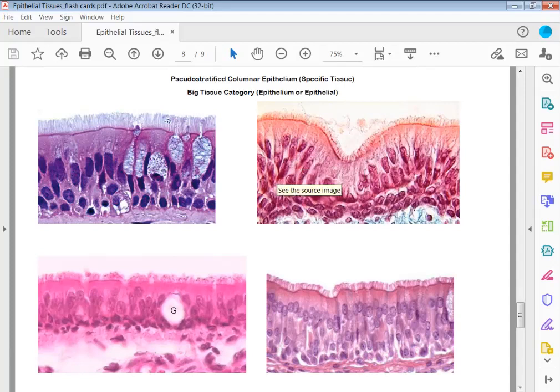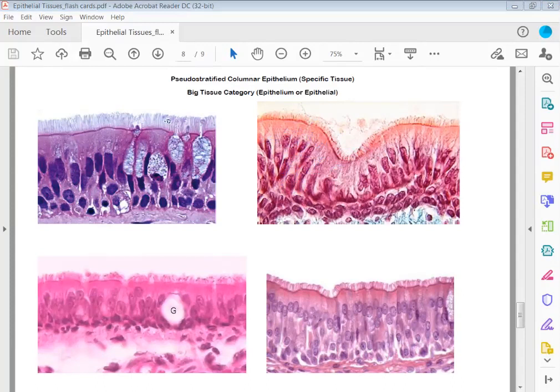With this, these cells are not layered. So this cell goes all the way down here and comes all the way back up, and this cell comes all the way down here and all the way back up, but they're each squishing each other. So it looks like a multi-layered tissue here. So it gives the false impression of stratified.